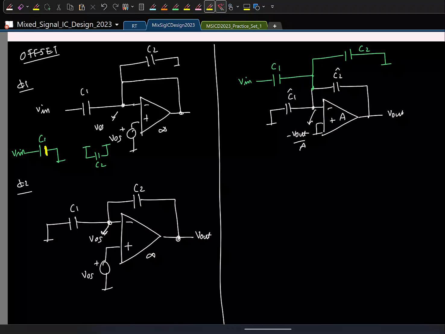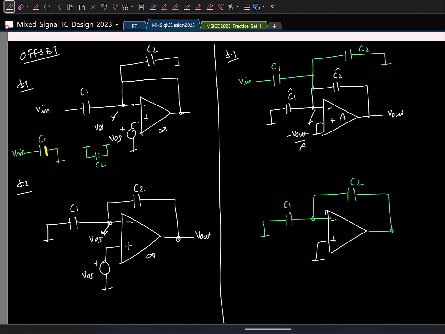So finally, what should I do? I'll do charge transfer with C1 and C2. So let's say this is one phase, phi 1, this is phase phi 2. When I'm doing charge transferring with C1 and C2, what should I do for C1 hat and C2 hat?